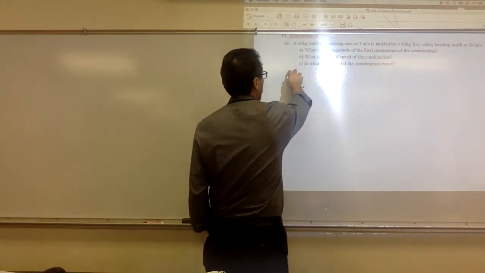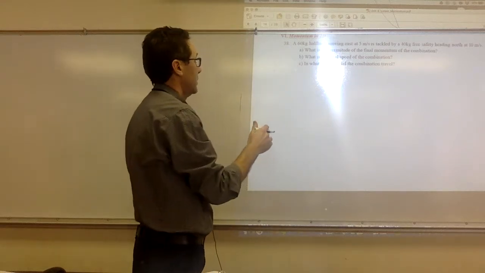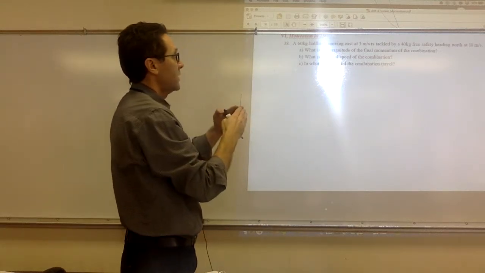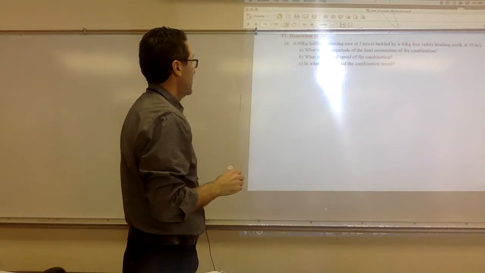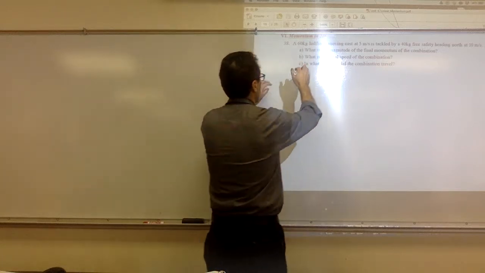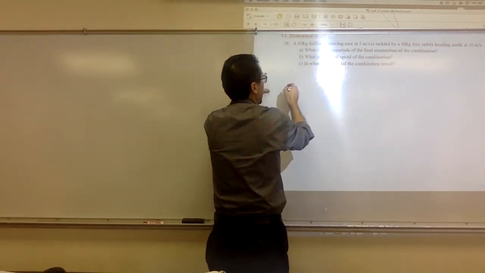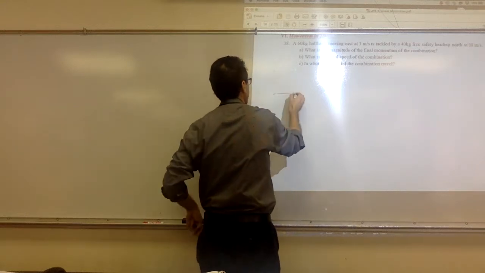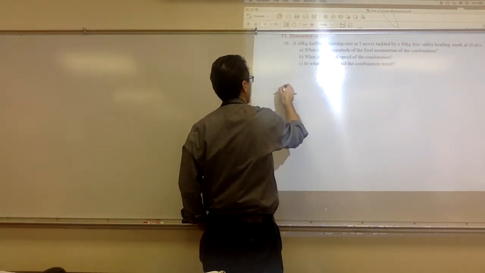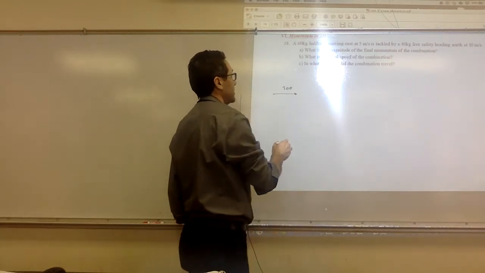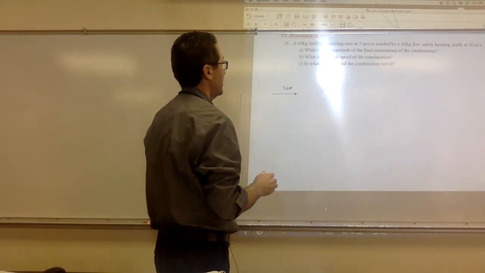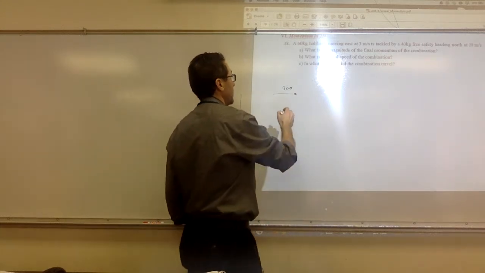So we're going to start with some simple ones here, where the two objects are moving at a 90-degree angle to each other. So you have a 60 kilogram moving at 5 meters per second east. So the total momentum of that is 300 kilograms meters per second. It's tackled by a 40 kilogram free safety going north.